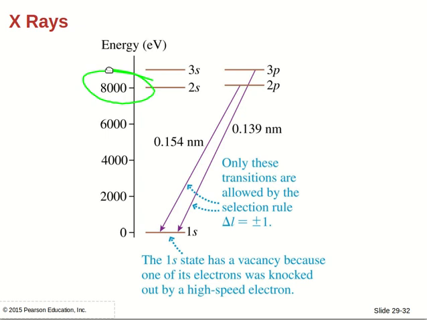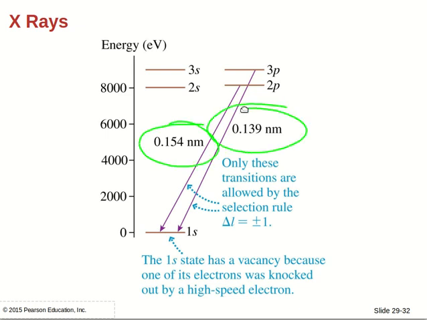And so if I excite an atom, if I vacate a 1s electron in a fairly heavy atom, this represents the possibility of transitions from the 3p and the 2p state, both of which are allowed to make transitions to the ground state by the L transition rule, and so either can do so. And so we would typically expect to see two different energies of X-rays coming off of this particular sample when bombarded by high-energy electrons.